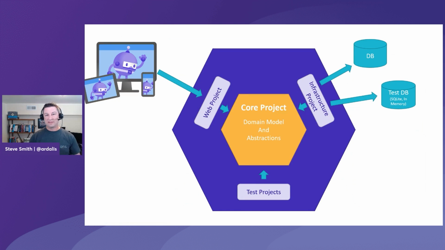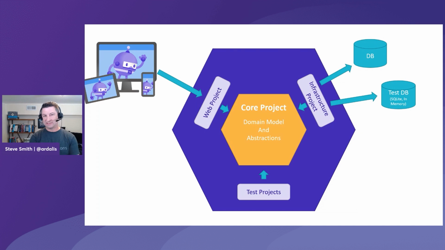All right, so this is another slightly more updated diagram that shows what we're going to talk about today. And in this one, we're going to have that center domain layer. We're going to call that the core project because it's at the core of the whole system. And that's where your domain model and abstractions are going to live. Outside of that, you're going to have your web project because this is a .NET 6, ASP.NET Core 6 application at the end of the day. We're going to have a separate infrastructure project.